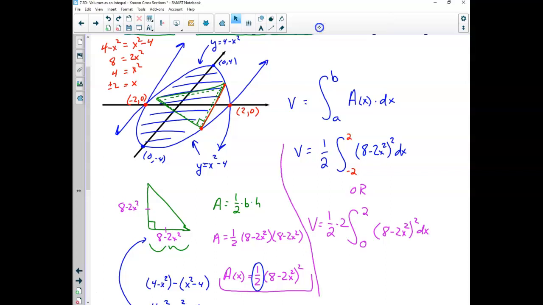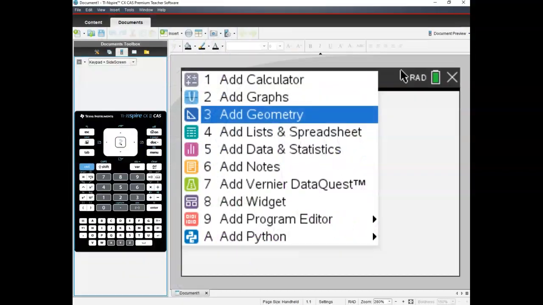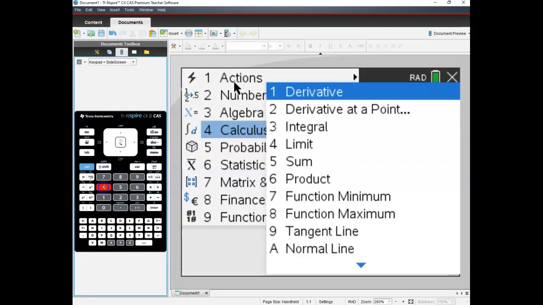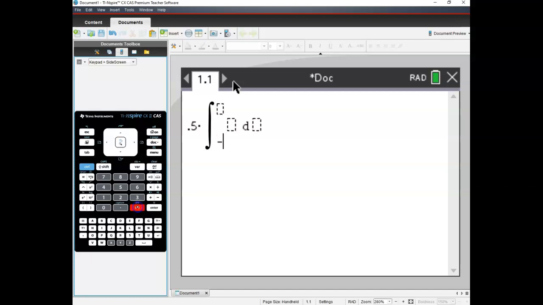And when we type that into our calculator, we take 0.5 times menu 4 5, my integral from negative 2 to 2 of parenthesis 8 minus 2x squared, squared dx.